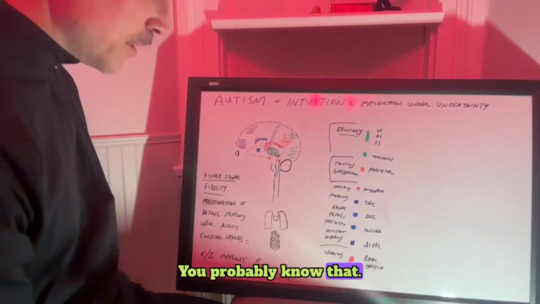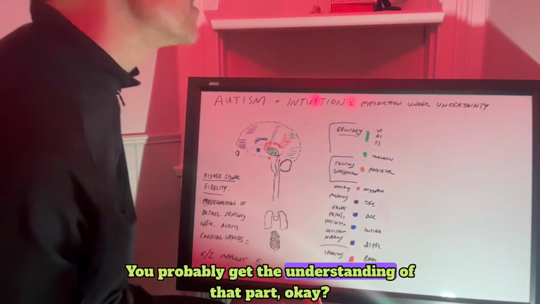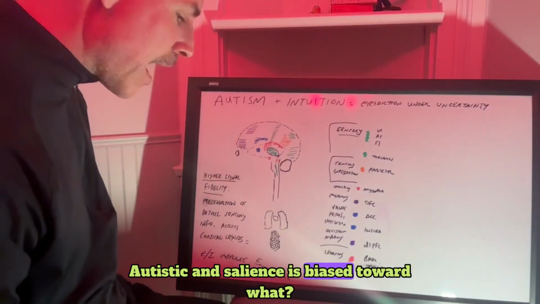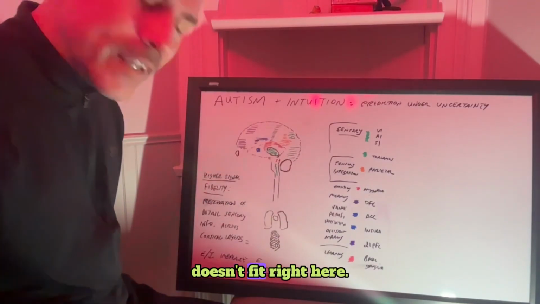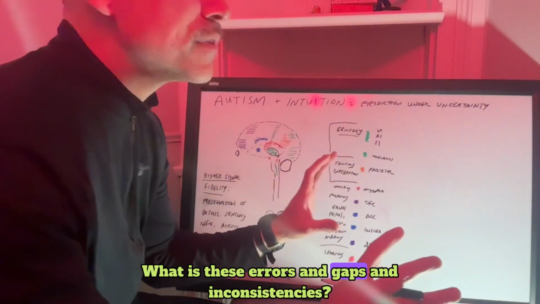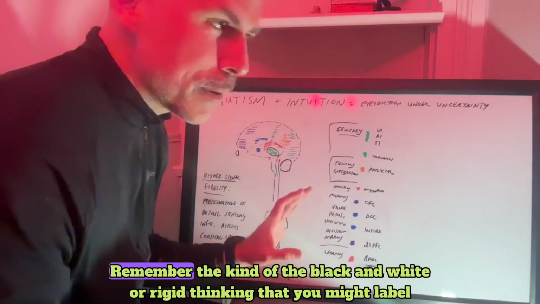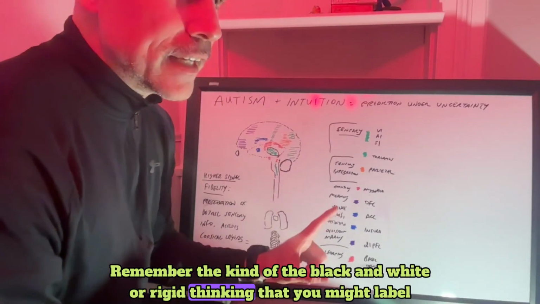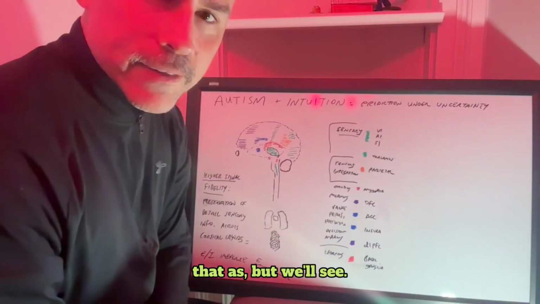You probably know that. You probably get that understanding of that part. Okay? Autistic salience is biased toward what doesn't fit right here. What is happening? What are these errors and gaps and inconsistencies? Remember the kind of black and white or rigid thinking that you might label that as.